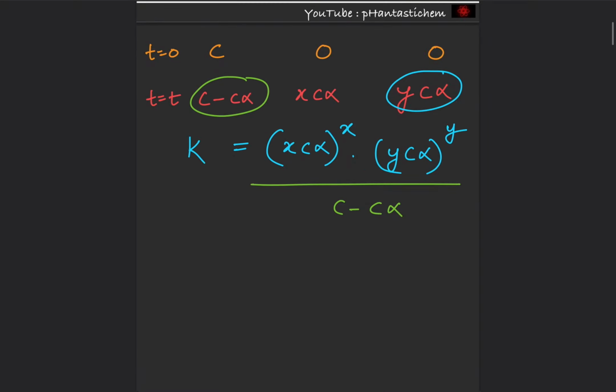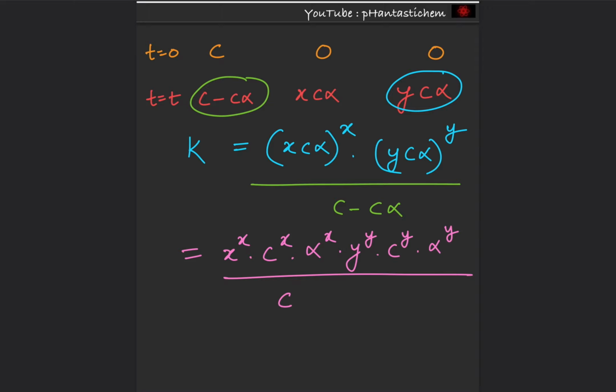Okay. So expanding all these powers, I will have x to the power x into C to the power x into alpha to the power x into y to the power y into C to the power y into alpha to the power y, divided by C, taking common, 1 minus alpha.